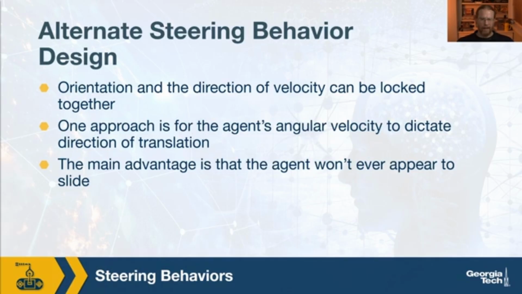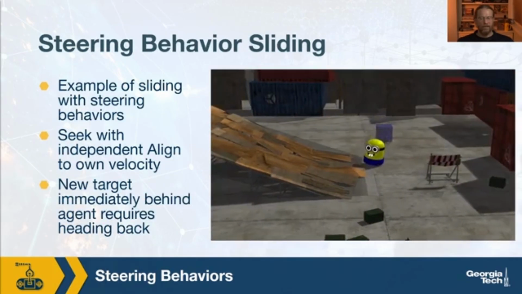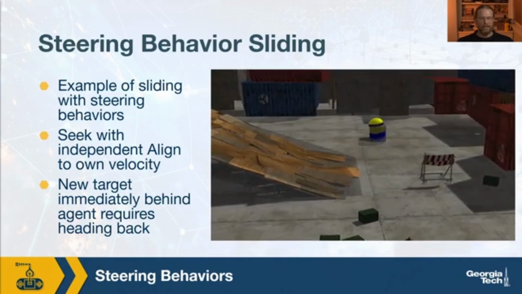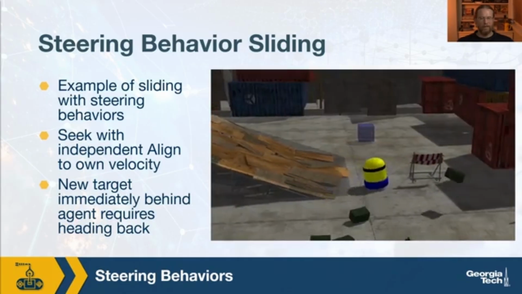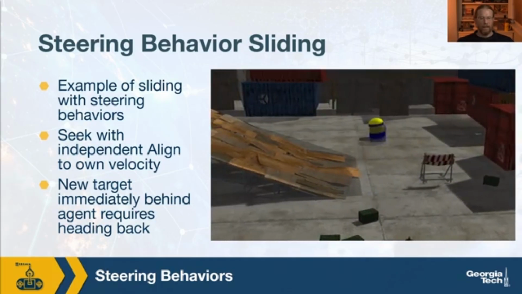Now, certainly if you have a game where agents are strafing, that would be appropriate. But in a lot of cases, what you can end up with is what looks like the agent just sliding in a scenario where it doesn't make sense to be sliding. So I've got a little simple example here. This is from Unity using their NavMesh agent, which is based on a simple steering behavior implementation. So this is the minion character.